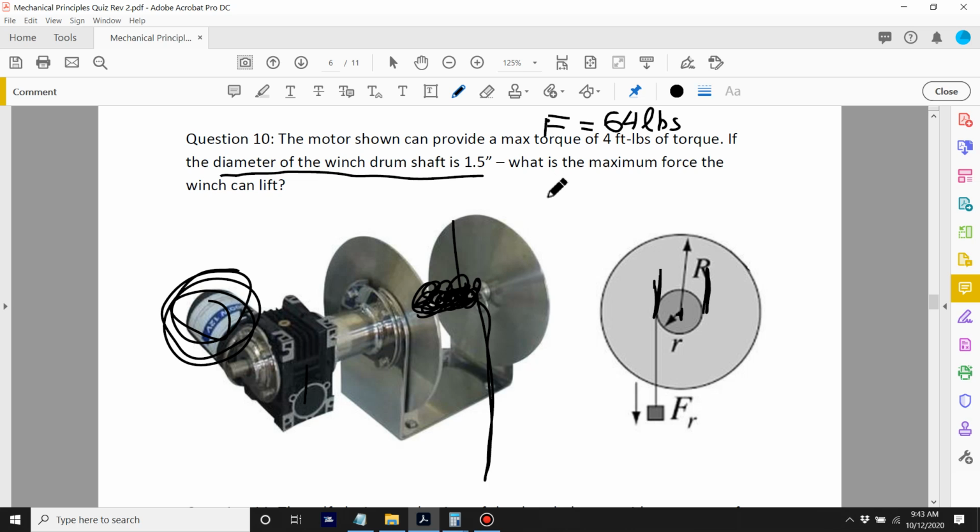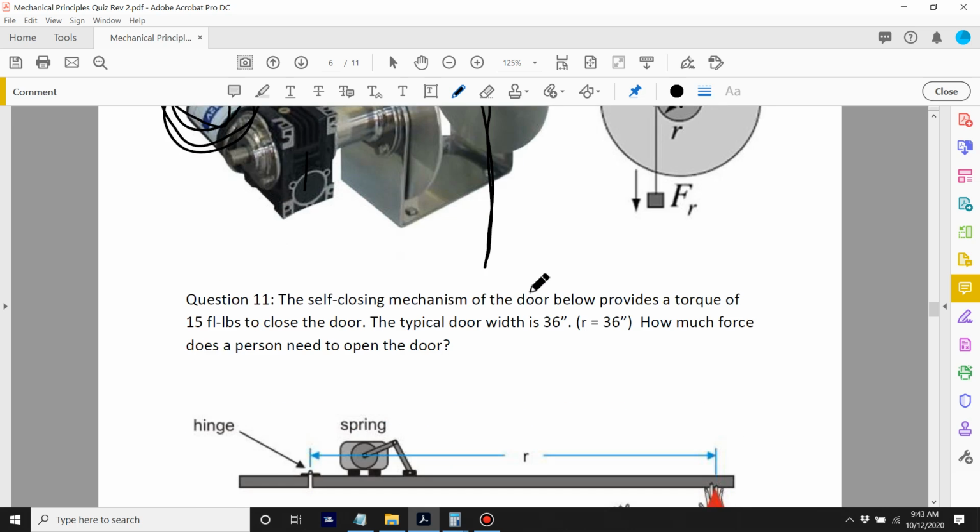But the maximum force the winch can lift is 64 pounds. Yeah, that's the maximum force. So you probably wouldn't want to lift anything higher than 50 pounds with this winch setup.